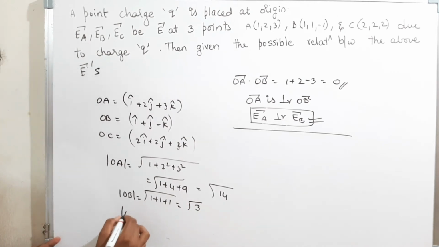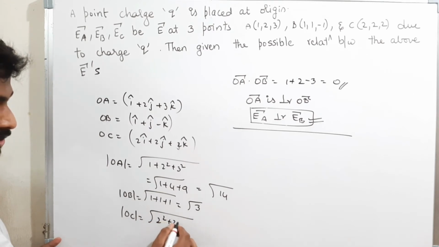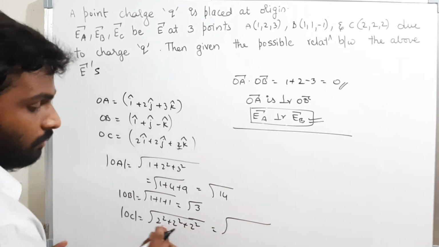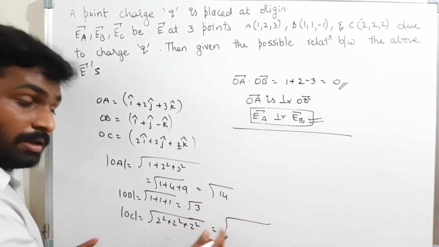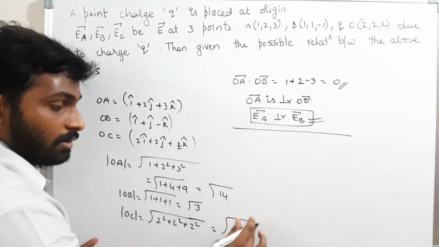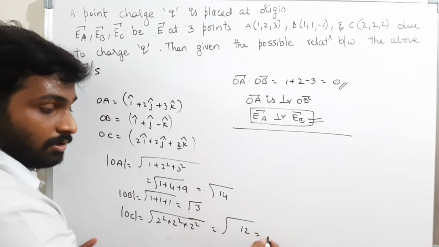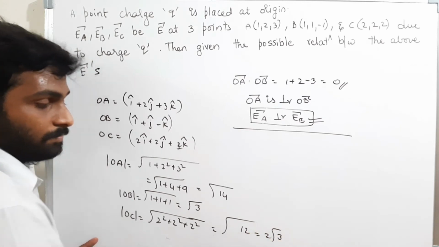Now what is OC? 2 square plus 2 square plus 2 square, that is 4 plus 4 plus 4, which is 12. I can write 12 as 4 into 3, that is 2 root 3.